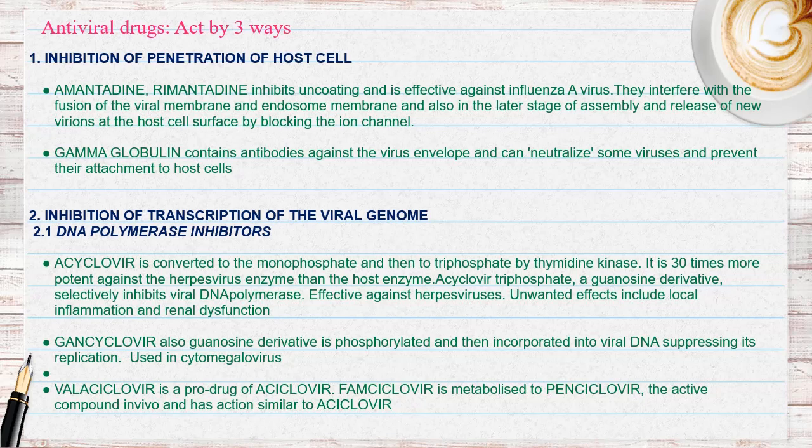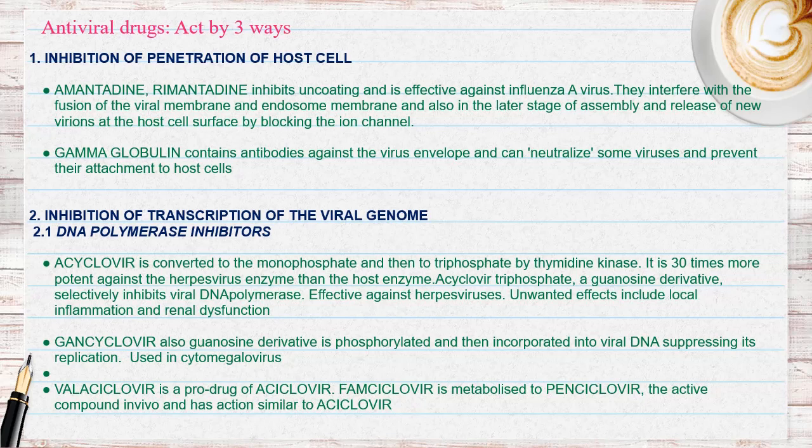Acyclovir triphosphate is a guanosine derivative, and being a guanosine derivative, it gets converted to its triphosphate form, and this plays foul with the enzymes involved in the DNA synthesis. This selectively inhibits the viral DNA polymerase.